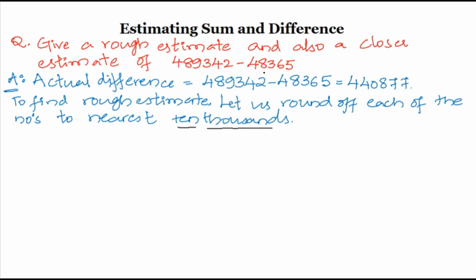This 48,365 is having the greatest place as 10,000. So, whenever I do a rough estimate, I have to consider the smaller number's greatest place.